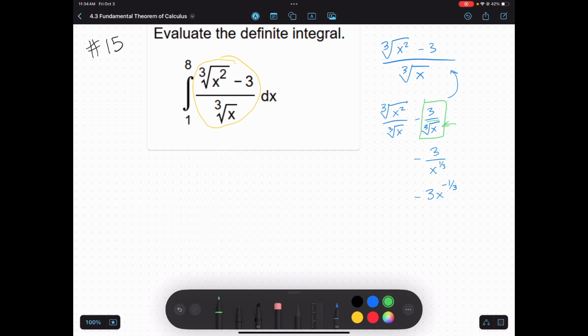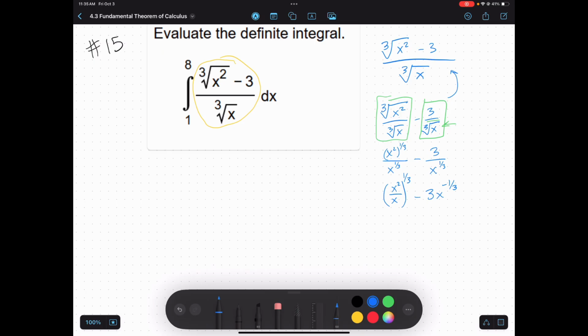So now let's focus on the first piece. Once again, we need to recognize cube root as an exponent. This is the same thing as x squared raised to the 1/3 over x raised to the 1/3. Now, if you remember exponent rules, if you have two different things raised to the same power that's being divided, you can pull that exponent of 1/3 out and just focus on the fraction first and then raise it to the 1/3 power.